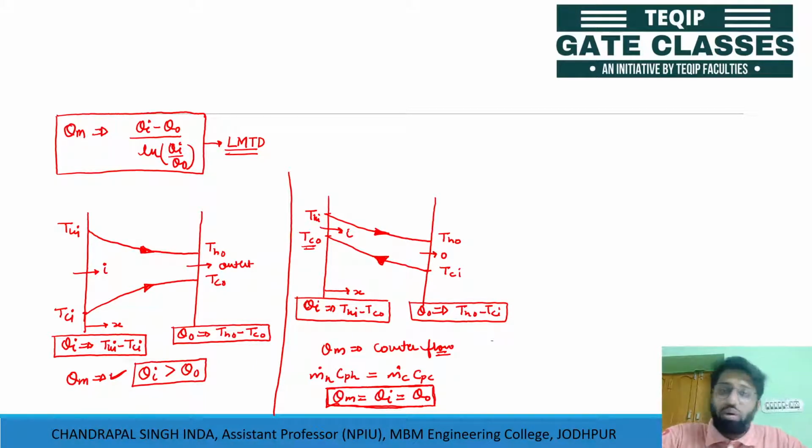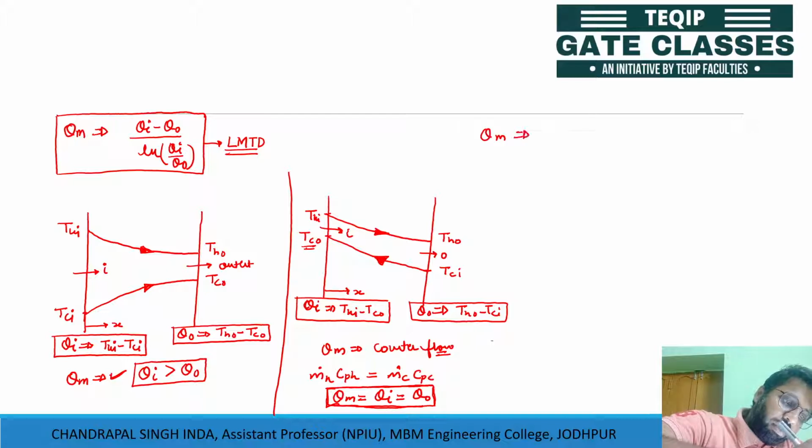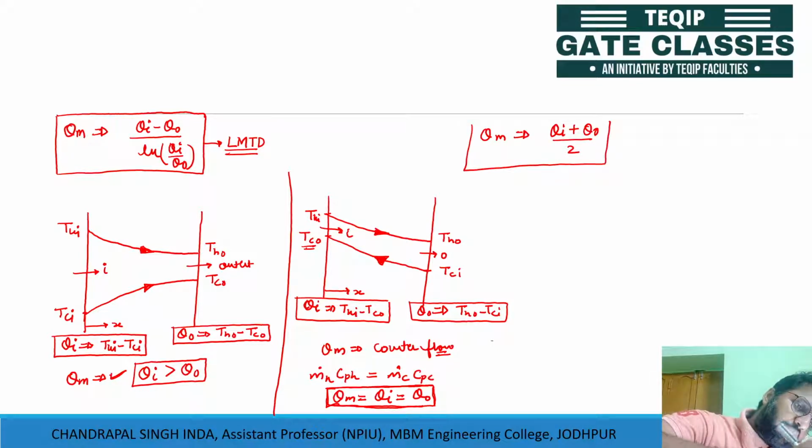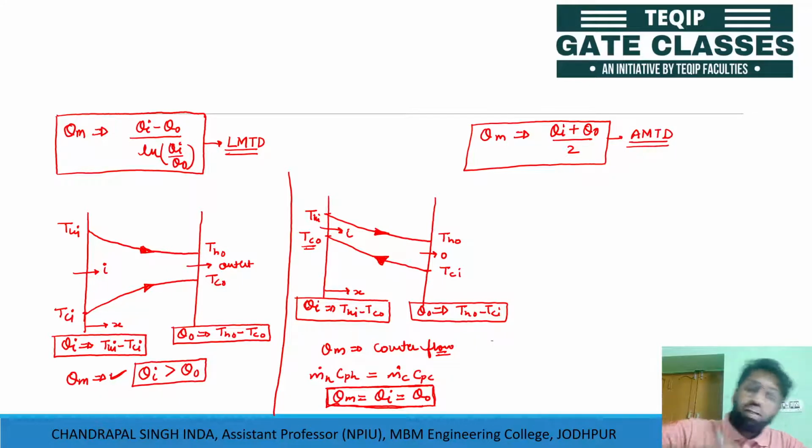We also discussed another term for theta mean, that is, theta mean as the mean of theta inlet and theta outlet. That is equal to theta inlet plus theta outlet divided by 2, and this term is known as AMTD, which means arithmetic mean temperature difference.